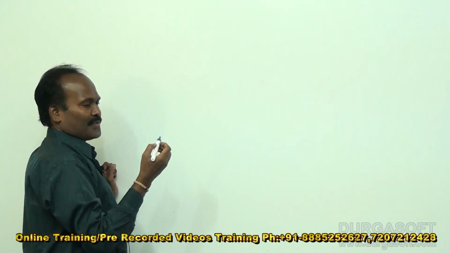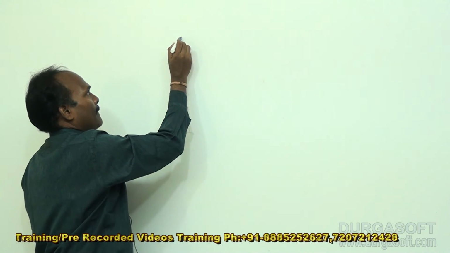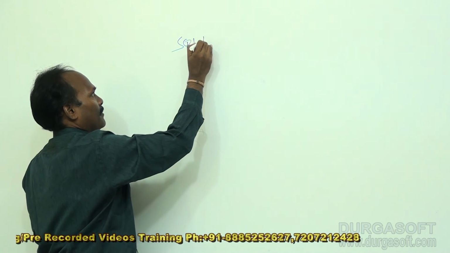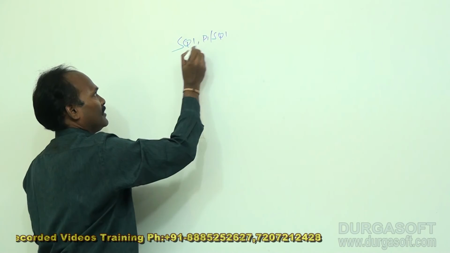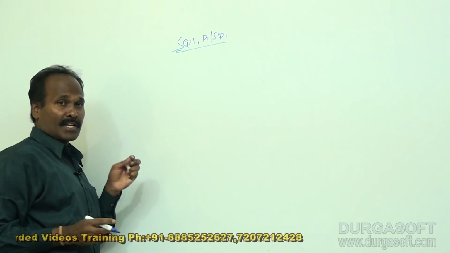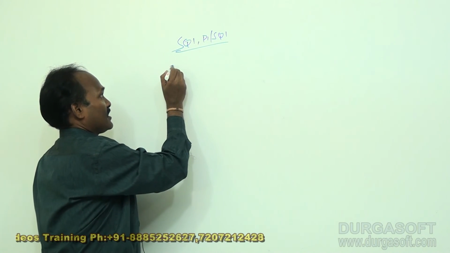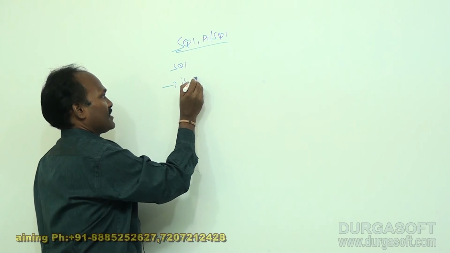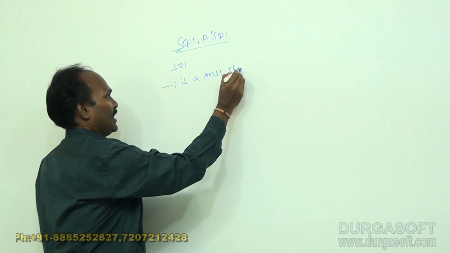Okay, after completion of data types of Oracle, once again I will review SQL and PL/SQL and what are the differences between SQL and PL/SQL. These things we are going to discuss once again. As we have discussed in the last class, SQL is an ANSI standard language.